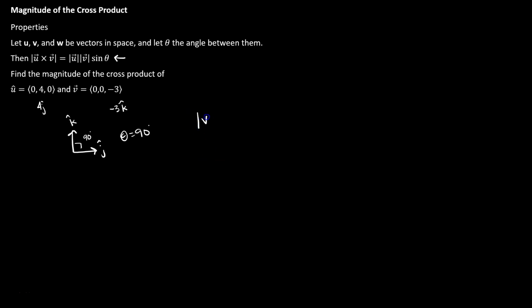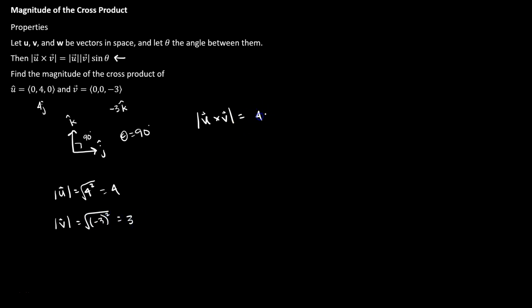So if we want to find the magnitude of our cross product of u crossed with v, we're going to take the magnitude of u. Well, I guess we need to calculate that then. That's going to look like 4 squared square rooted, which is just 4. And then we also need the magnitude of v, which looks like negative 3 squared square rooted, which is 3.